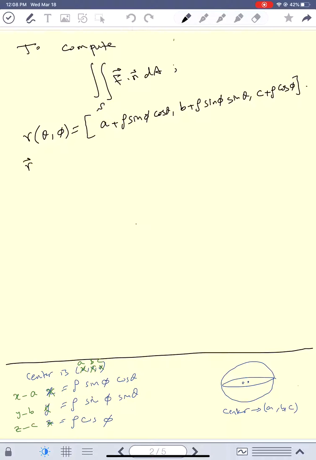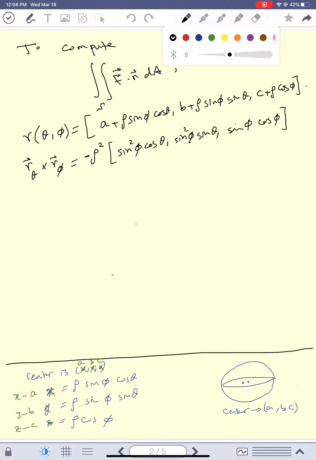Then we compute R sub theta cross R sub phi. Remember, we already did these computations. This will be exactly minus rho square times sine square phi cosine theta, sine square phi sine theta, sine phi cosine phi.